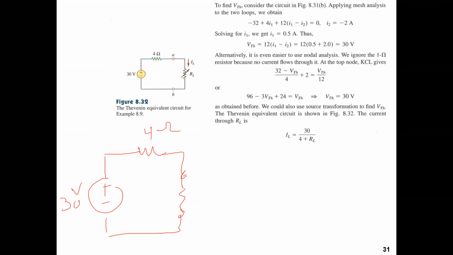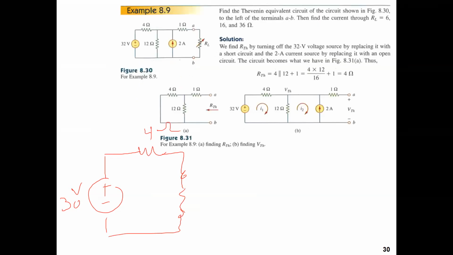First question, we need to find IL when RL is equal to 6 ohms. I need to find IL here, whatever you call it, IL or I.